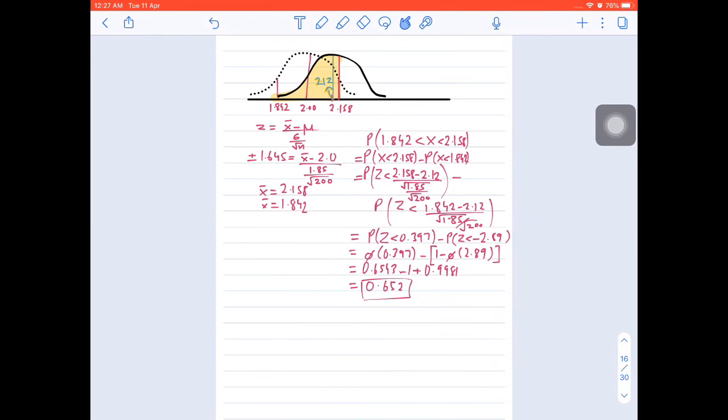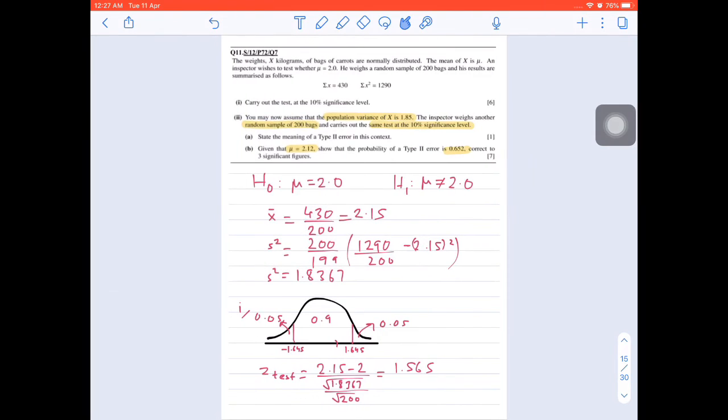I'll go over the question again. It was a bit complicated. The first part was simple, second part A was simple, and then second part B. In the first part we took the null hypothesis as 2.0 and tested for it, and the acceptance region was from negative 1.645 to 1.645 values of z.